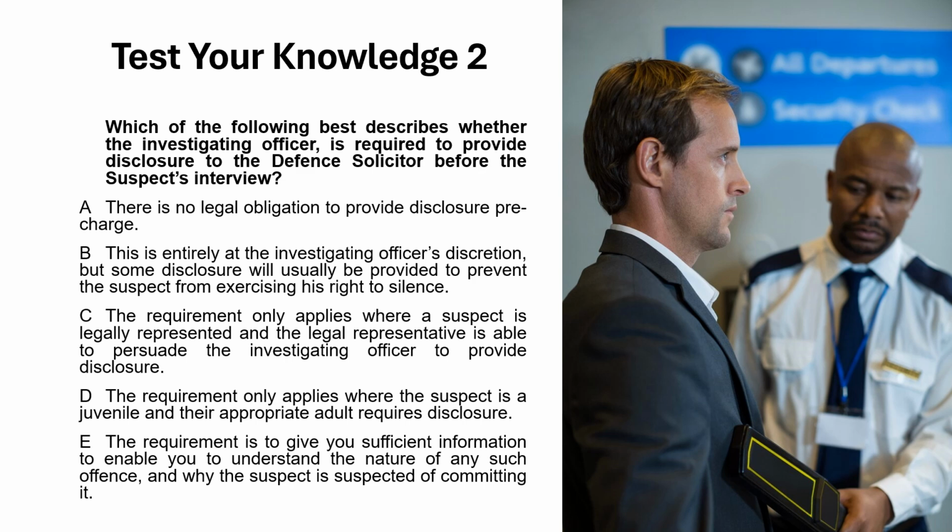C, the requirement only applies where a suspect is legally represented and the legal representative is able to persuade the investigating officer to provide disclosure. D, the requirement only applies where the suspect is a juvenile and their appropriate adult requires disclosure. Or is it E, the requirement is to give you sufficient information to enable you to understand the nature of any such offence and why the suspect is suspected of committing it.